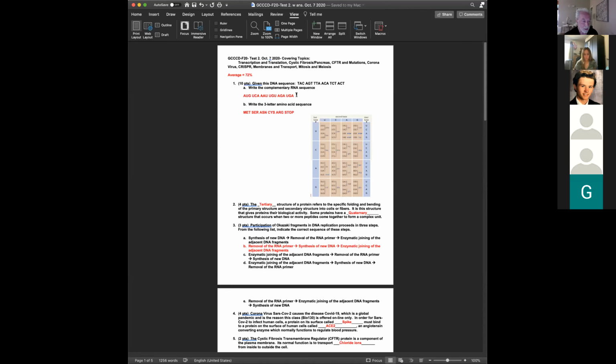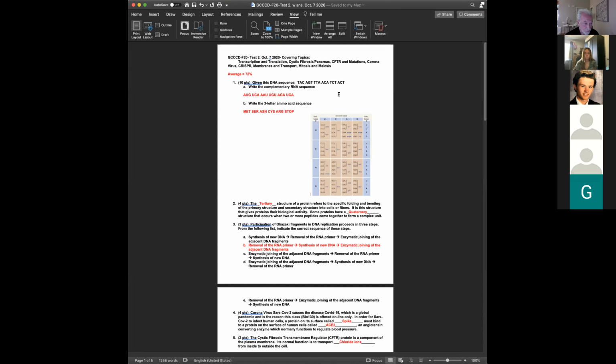But then to translate this, some of you did not apparently know how to use a codon table. And this is important. So a codon table has a first base, a second base, and a third base, referring to a particular codon.